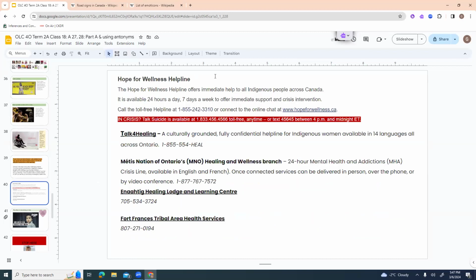Okay. Here are some of the possible hotlines if you are needing help and wanting someone to talk to. There is the Hope for Wellness helpline, runs 24 hours a day, 7 days a week, 1-855-242-3310. There's also one called Talk Suicide, 1-833-456-4566. That's toll free anytime. At night, they have a little text number, 45645. Talk for Healing has a confidential helpline for Indigenous women available in 14 different languages, 1-855-554-HEAL.